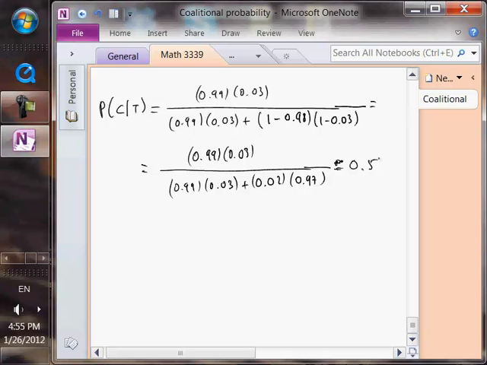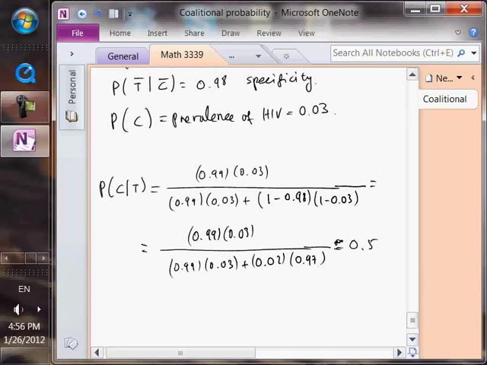Why does it come so low? Okay, let's do something else. If we change the prevalence, we put the prevalence to 10%. Now the numbers will come vastly different. If you put the prevalence to 10%, then these numbers change. So this will become 0.1. This is again the same, but this is 0.9 here.